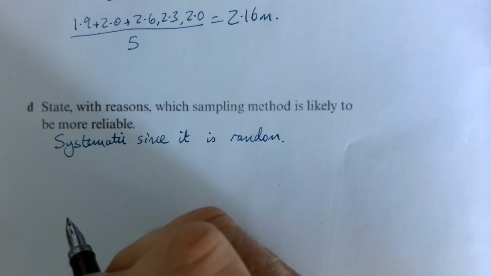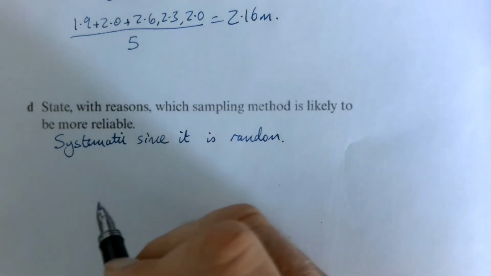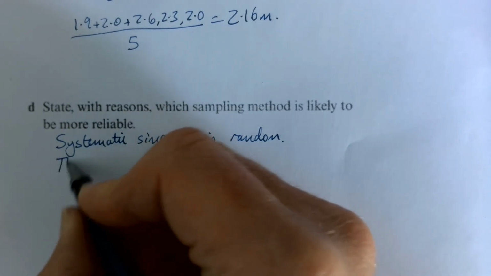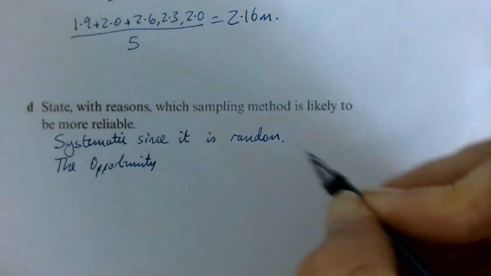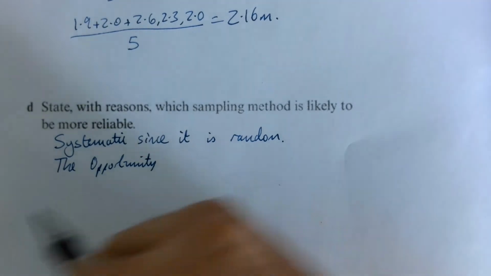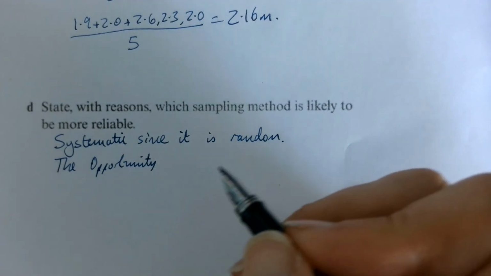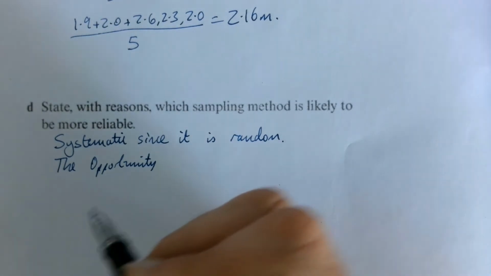What was the other one? It was not quota, was it? The opportunity. What might happen? Well, they were all smaller, weren't they? The first 5, it might have already been ordered, or the ostriches that were smaller might have been easier to catch.